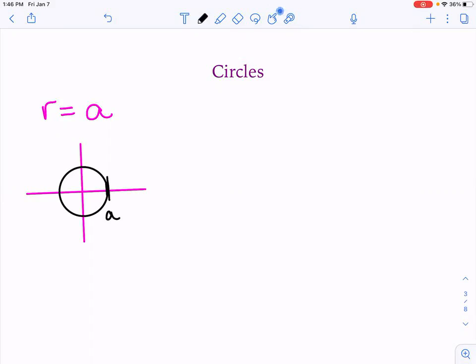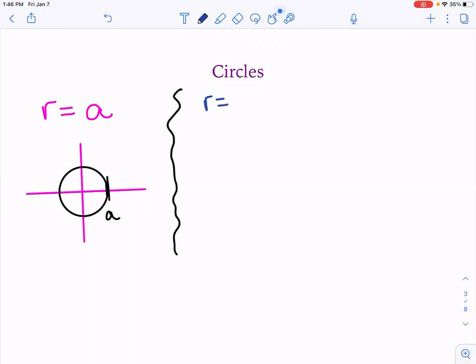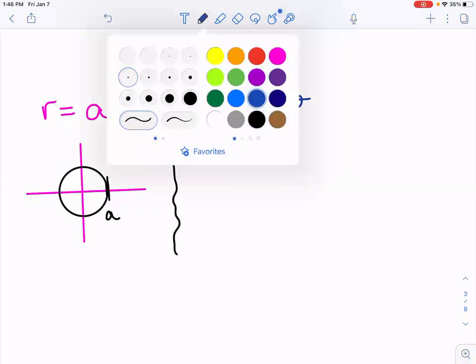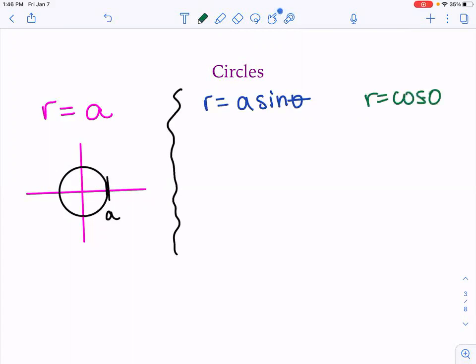r equals a means our radius is always a, or our distance from the origin is always a. So we have a circle of radius a. But yesterday, you went through these types of circles right here.